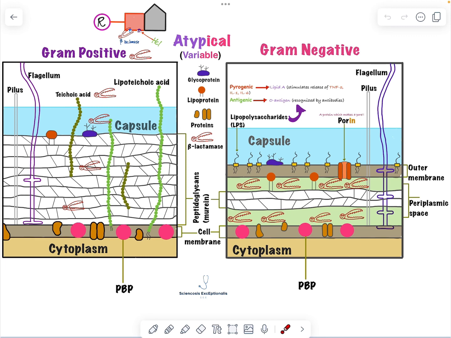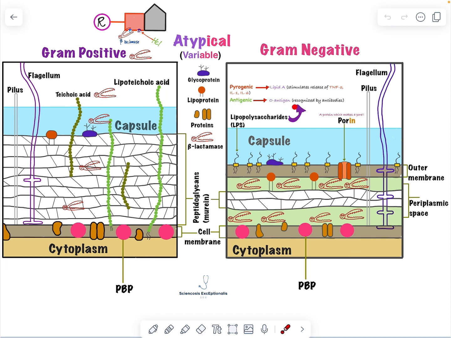Pyro, temperature. Genic, synthesis, the synthesis of temperature. Fever, because it stimulates release of tumor necrosis factor alpha, interleukin 1, and interleukin 6, and all of these cytokines are responsible for fever and inflammation.